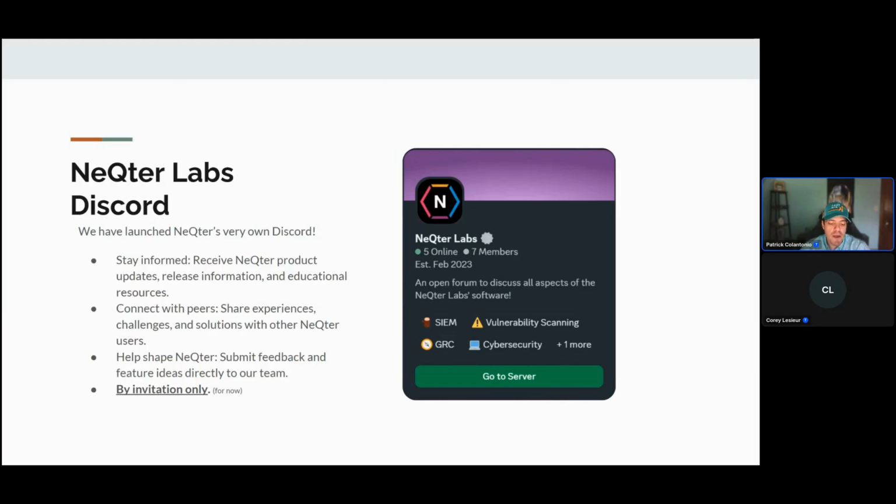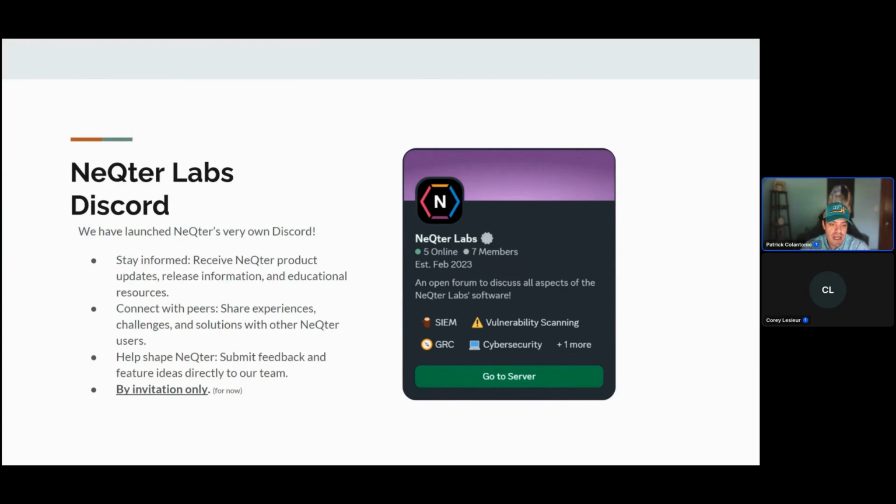So again, we're not looking at this to be a means of official correspondence related to support stuff or tickets. Still want all those types of tickets to be pushed through the proper channels. But one of the areas that we have is a feature request forum.